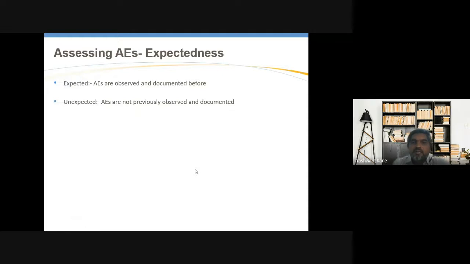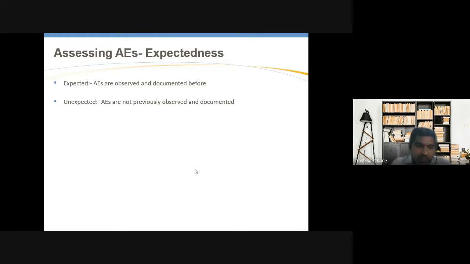Next is assessing expectedness. Whether it is expected or unexpected, and how we define this, is based on whatever data we have previously, with us or with the pharmaceutical company, or with the investigator in case of clinical trials.